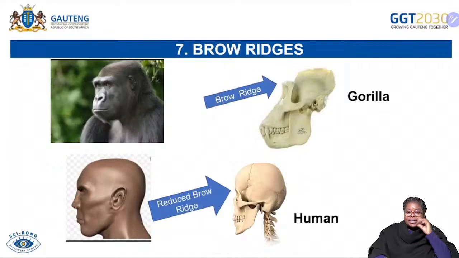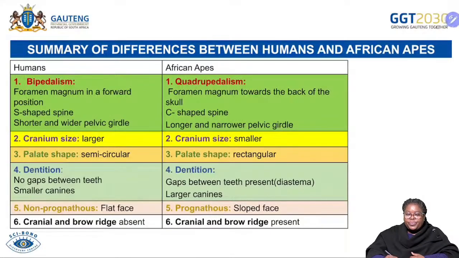Those are the differences. Now with the brow ridges, remember these are eyebrows, right? Brow ridges. The humans, they've got reduced brow ridge. We do have that, but it is reduced as compared to the gorilla. It's big. So the gorilla, they do have brow ridge, whereas humans, they've got reduced brow ridge.